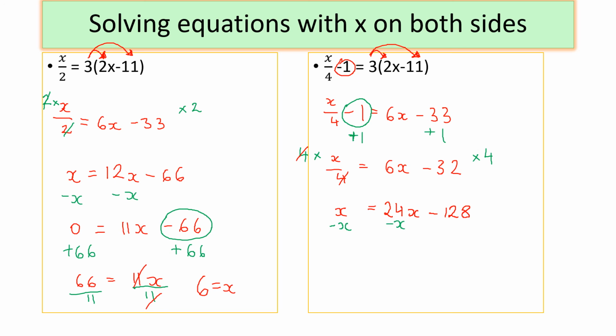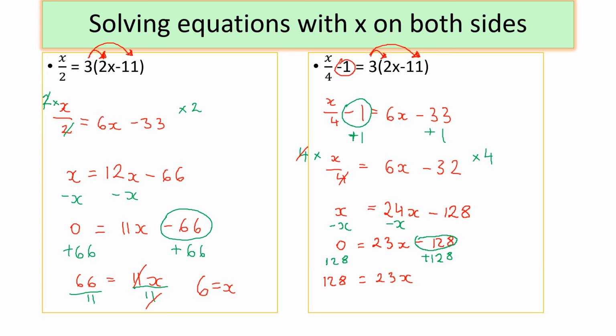So I've got 0 left, and then 23x take away 128. Now to get rid of this part here, I need to add 128 to both sides, and that is 128 is equal to 23x.